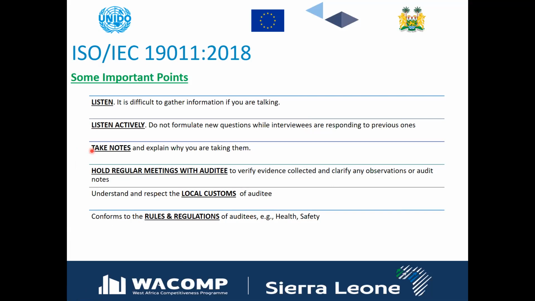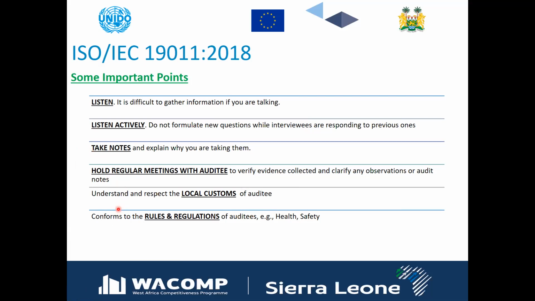Hold regular meetings with the RDT sometimes. The RDT is one person, but his department has 100 people, and the RDT does not know the functions of some areas of his other departments. Then you can hold a separate meeting for that department with the RDT and his team of that department. That is called holding regular meetings.